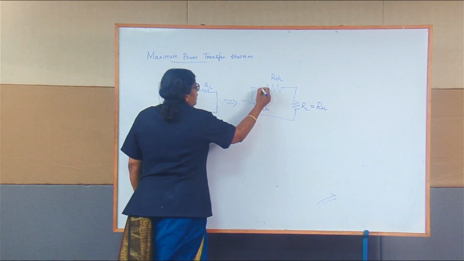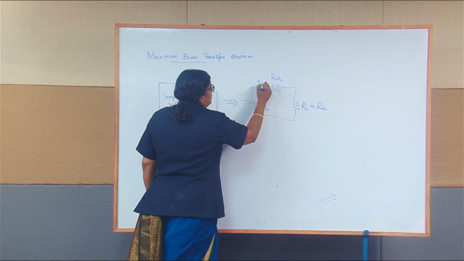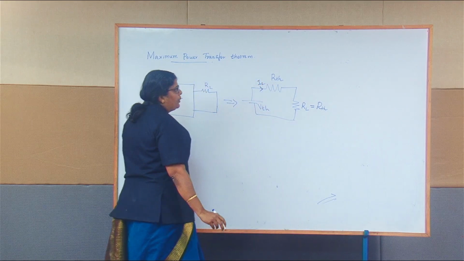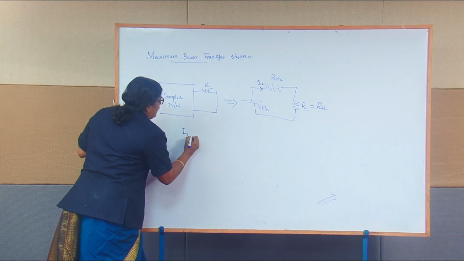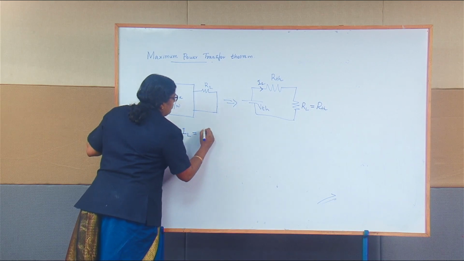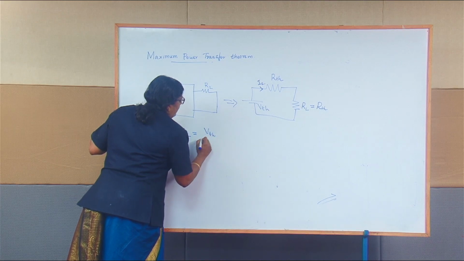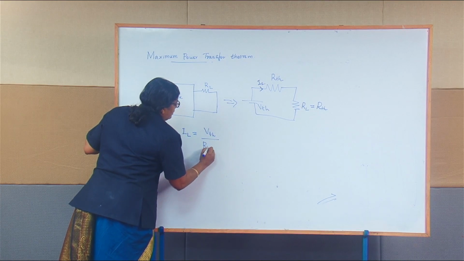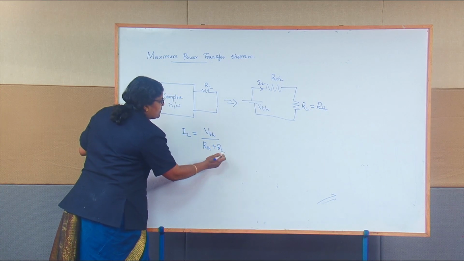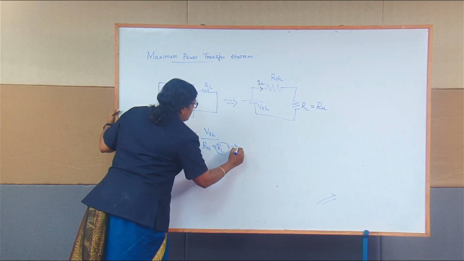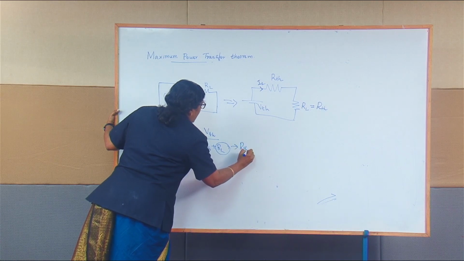From this circuit, let's say the load current is IL. So IL is equal to V Thevenin divided by R Thevenin plus RL. Now in the maximum power transfer theorem, I am going to replace this RL value with R Thevenin.